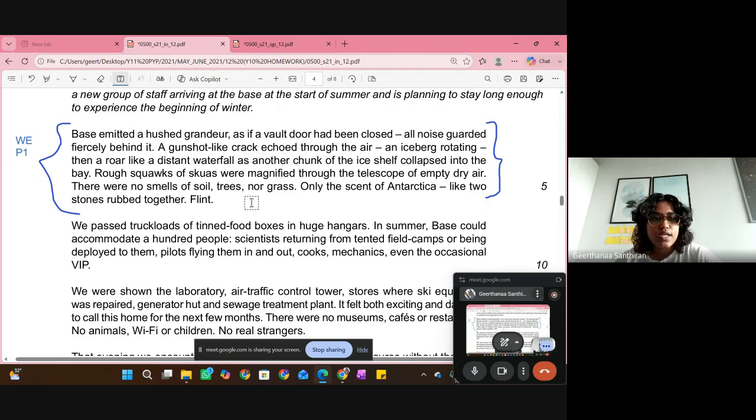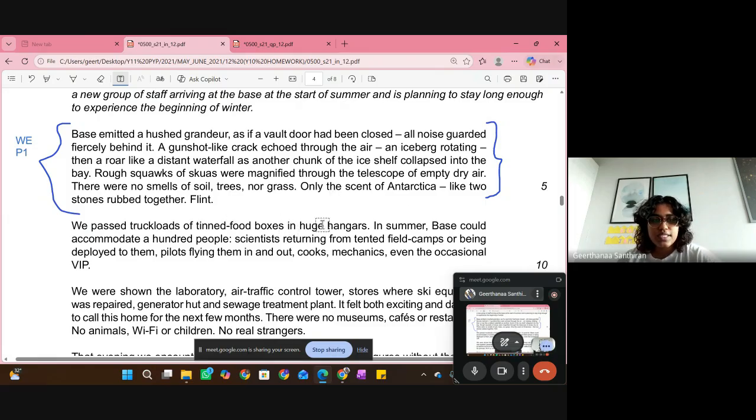Hmm. "Rough squawks of skuas." This is a type of bird, and it's making this noisy, cawing sound. And it's very loud because there are no other sounds around it. That's fun. It's clearly imagery of sound as well. Okay.